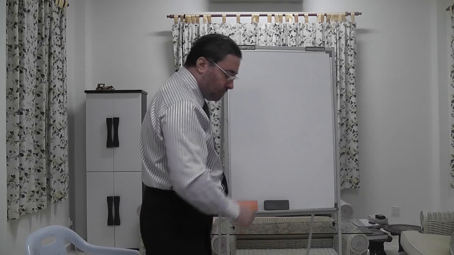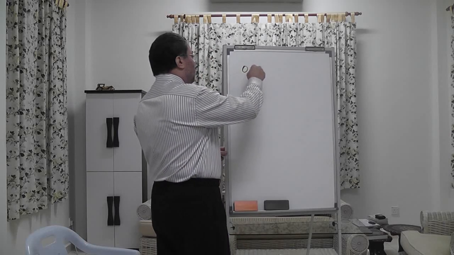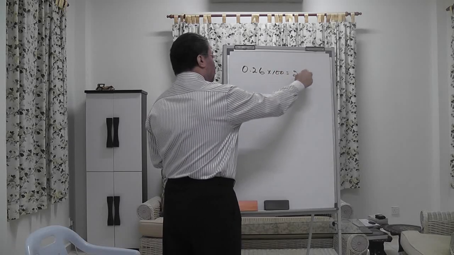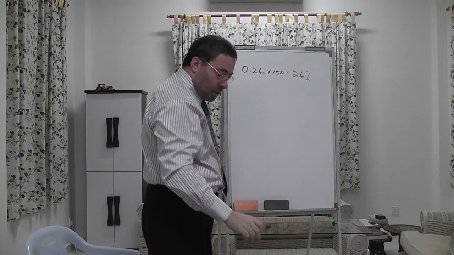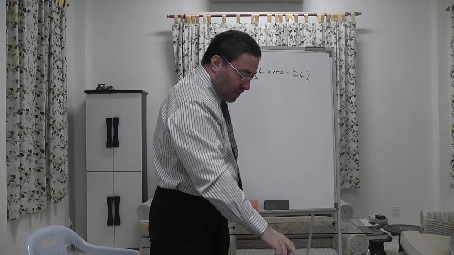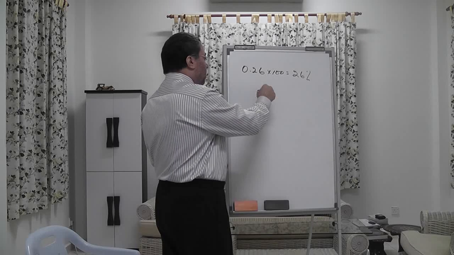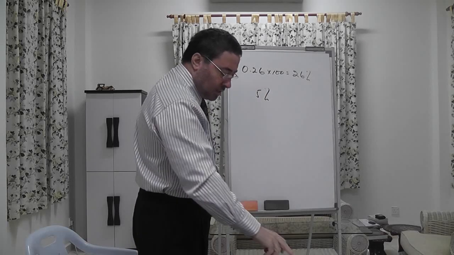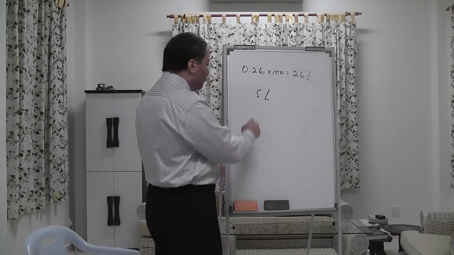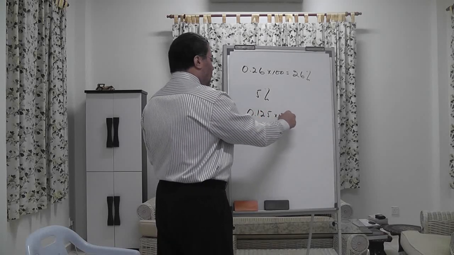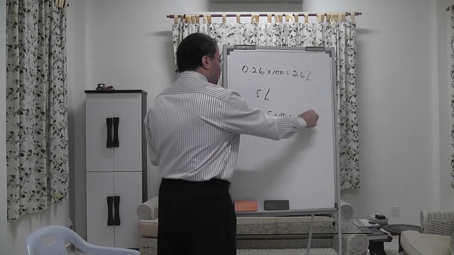So number 8, 0.26 times 100, and that will be 26%. Number 9, 0.05 times 100, that will be 5%. Number 10, 0.125 times 100, and that will be 12.5%.